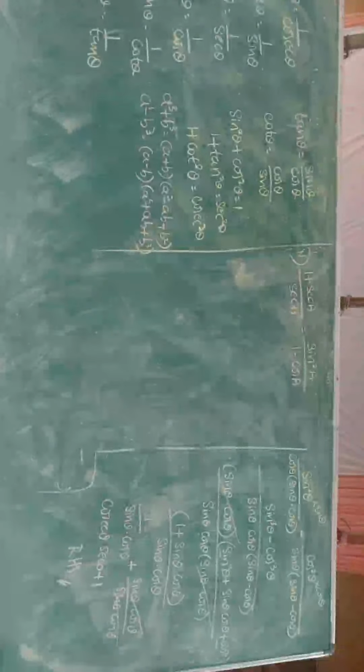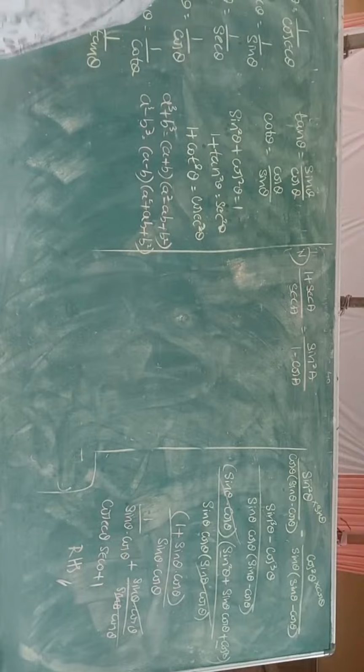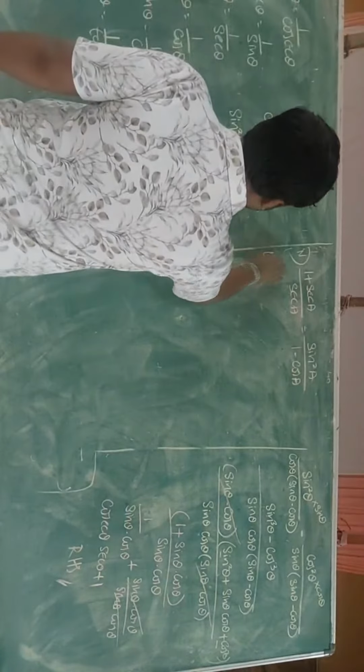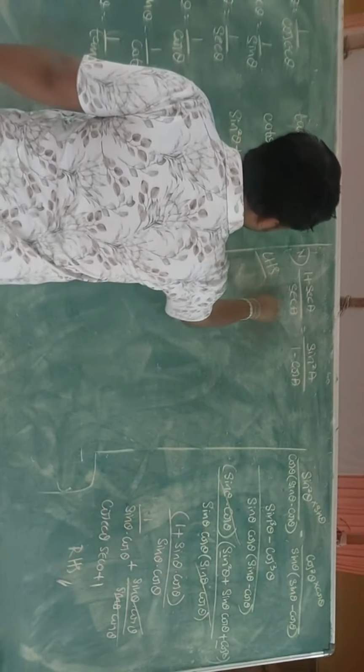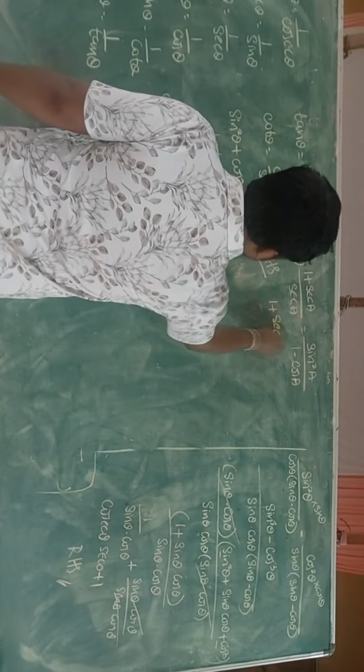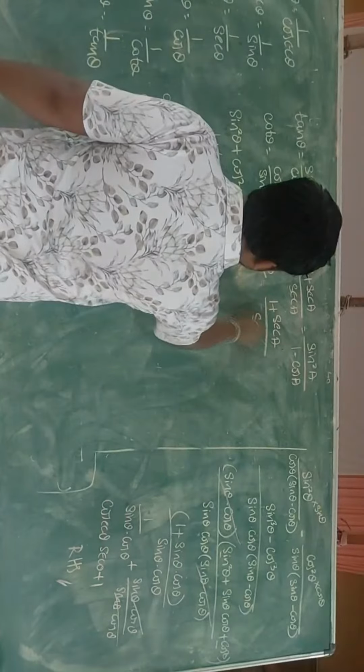These are given. Take LHS and RHS separately and simplify. So LHS we can take now. LHS: 1 plus sec a divided by sec a.